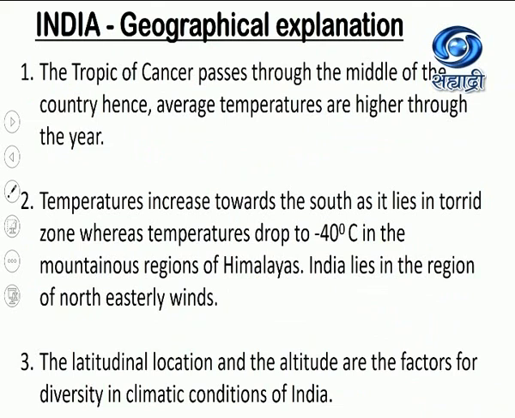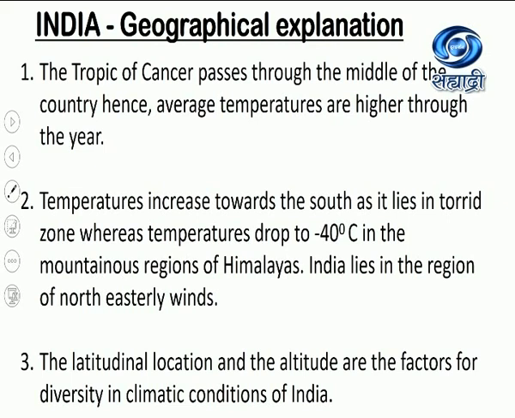So let's see the geographical explanation of India's climate. The Tropic of Cancer passes through the middle of the country, hence average temperatures are higher throughout the year. Temperatures increase towards the south as it lies in the torrid zone, whereas temperatures drop to minus 40 degrees Celsius in the mountainous region of the Himalayas.